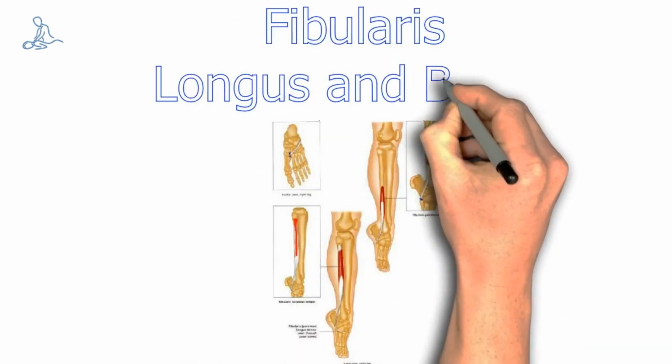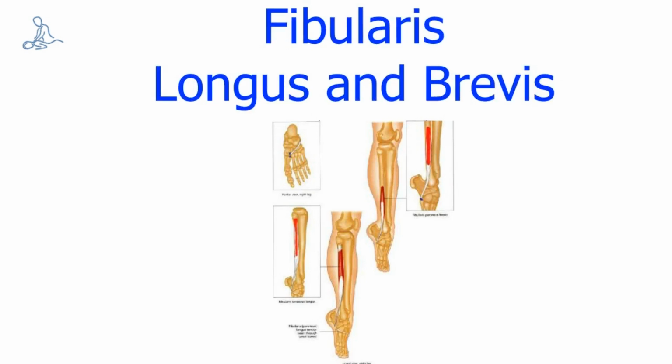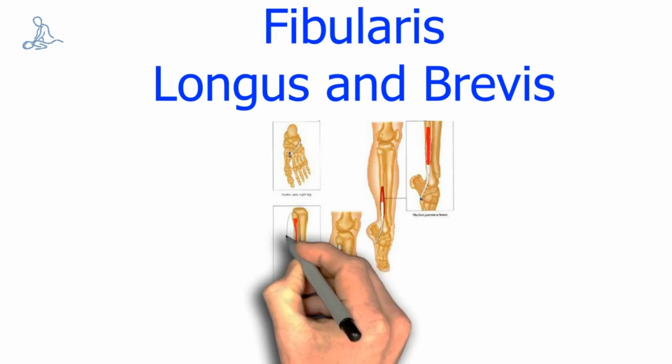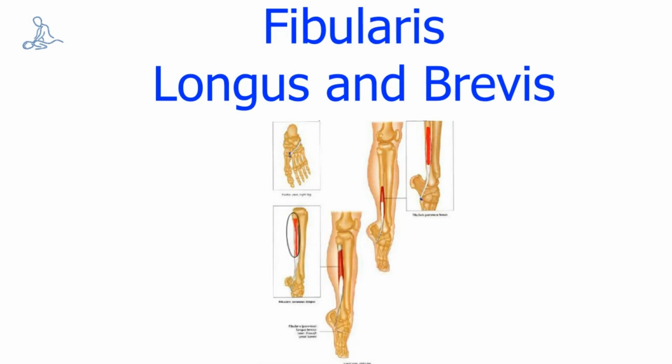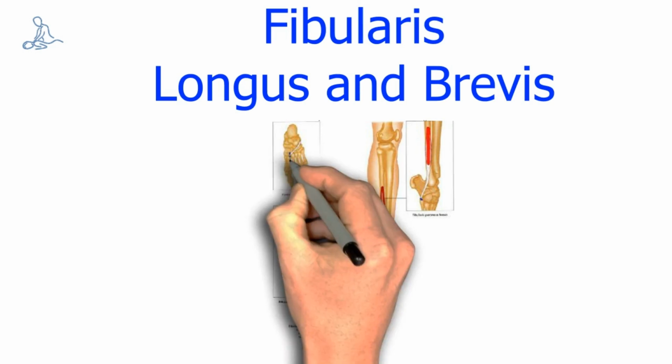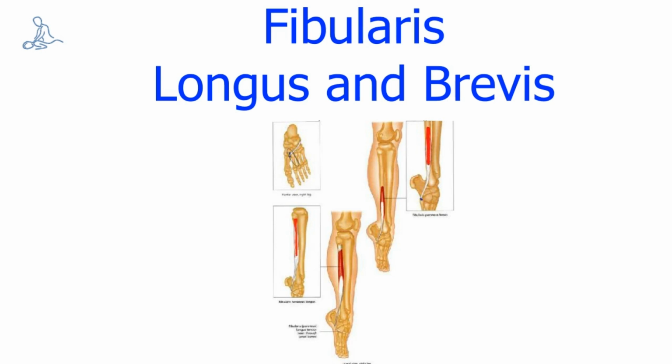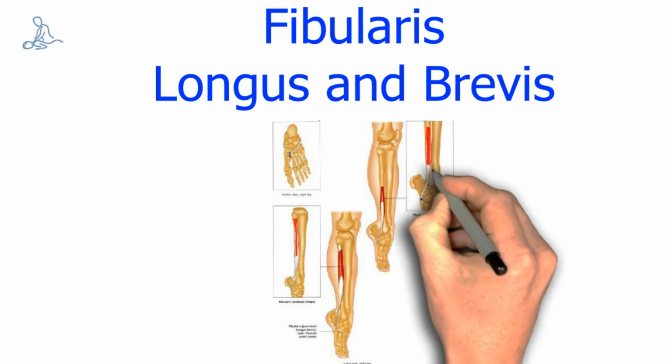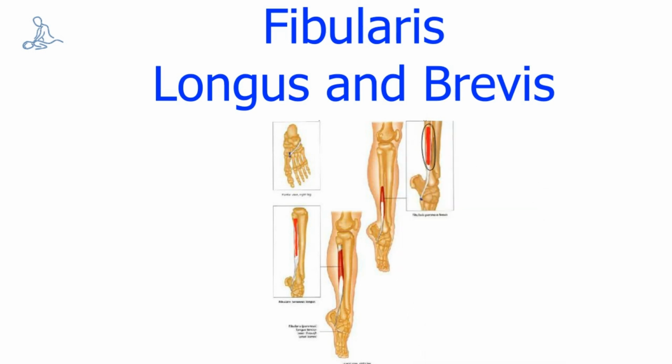Fibularis longus and Fibularis brevis. The origin of the Fibularis longus is proximal lateral half of the fibula. The insertion of the Fibularis longus is the plantar base of the first metatarsal. The origin of the Fibularis brevis is distal lateral half of the fibula.